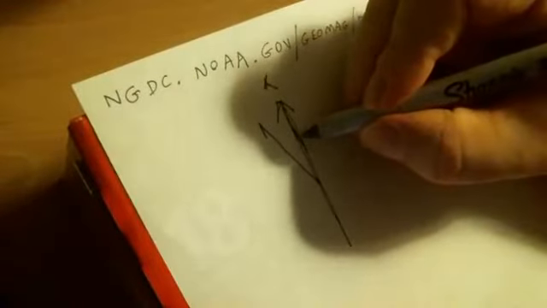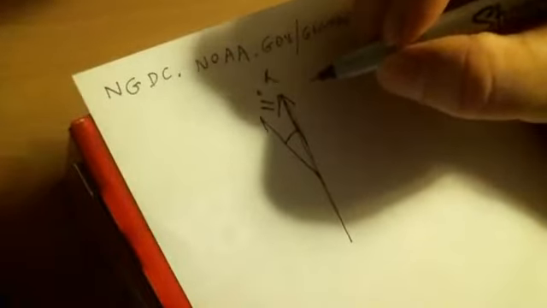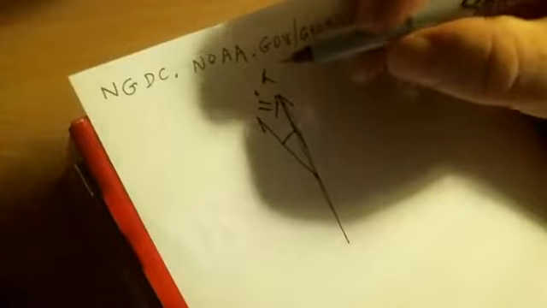And let's say that angle today is 11 degrees, and that's about what it is today in North Carolina, in Onslow County, where I live.